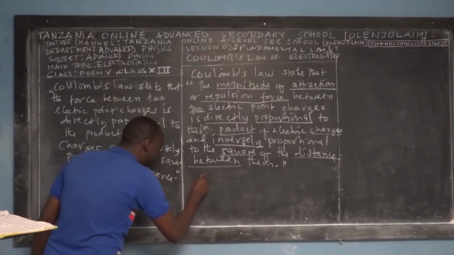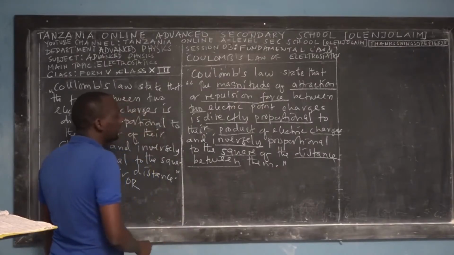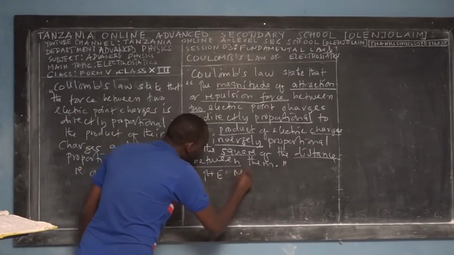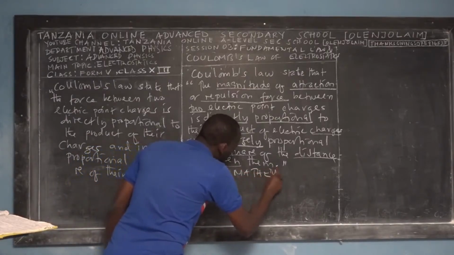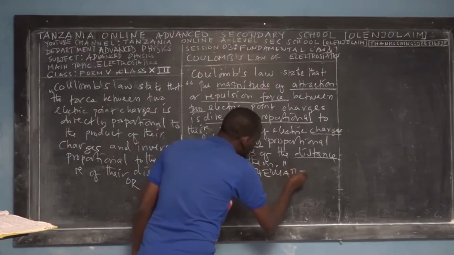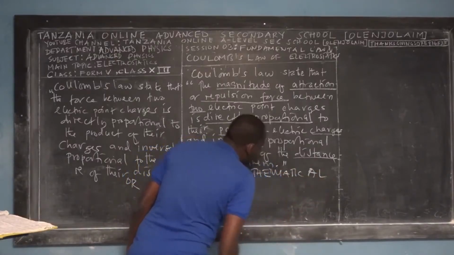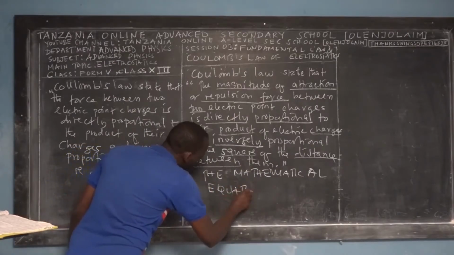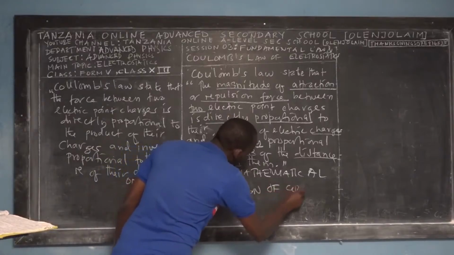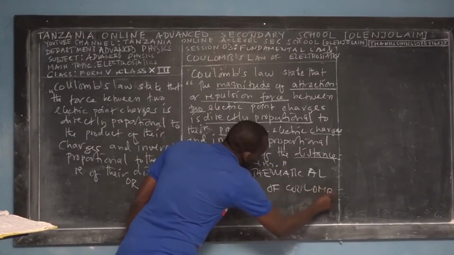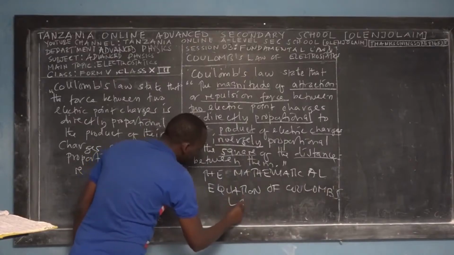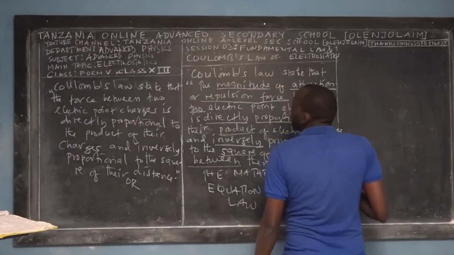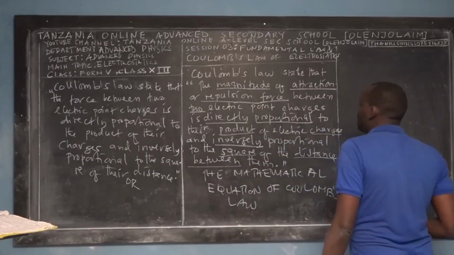So now, mathematically, the mathematical equation of Coulomb's law. We just deduce from the law itself the magnitude of the force of attraction or repulsion.